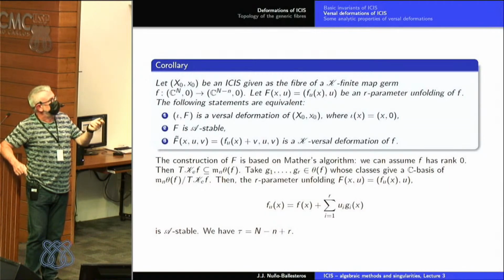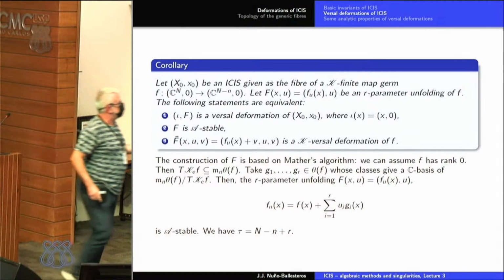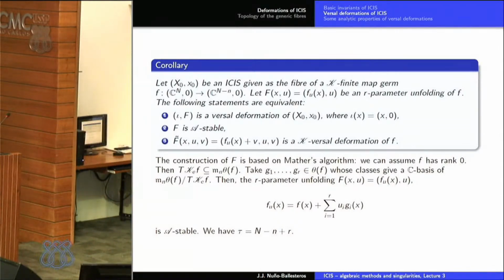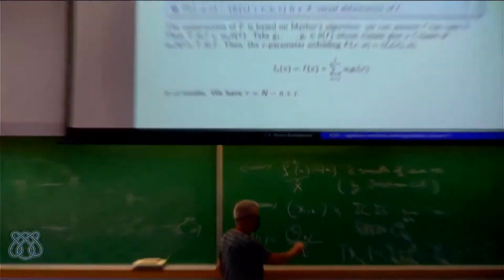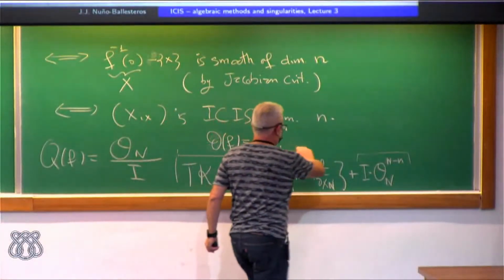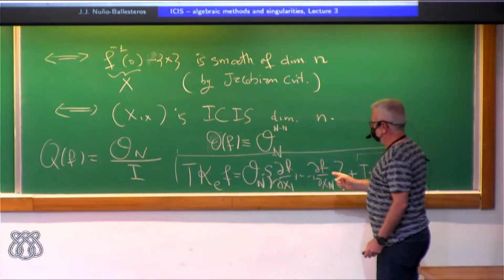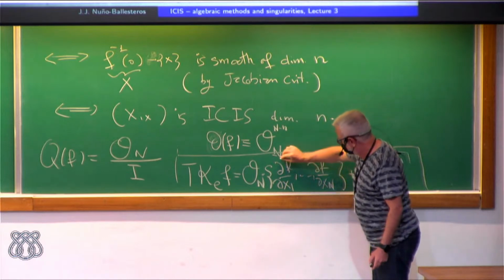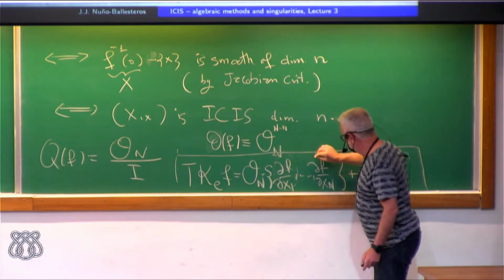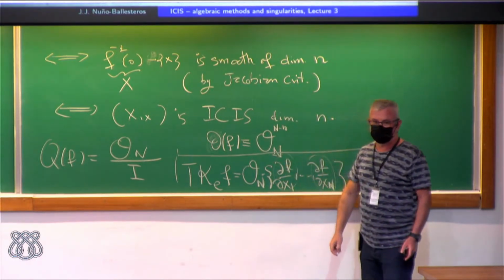So by the exercise, we can assume that the mapping f has rank 0. So we have capital N is the embedding dimension of the ICIS. Recall that we have this definition here. So if the mapping has rank 0, all these partial derivatives are 0 at the origin.